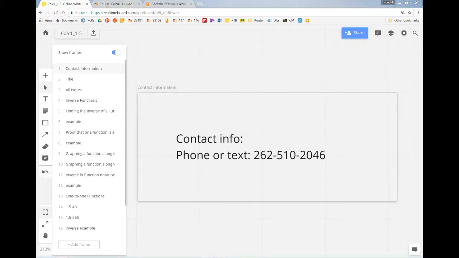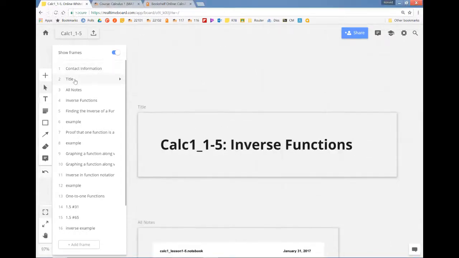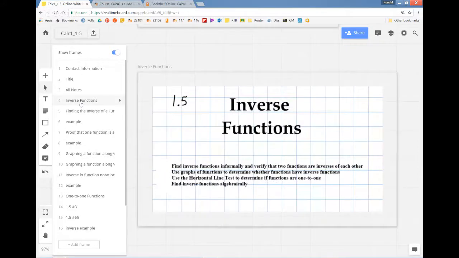Today's lesson is going to be pretty short. We're going to be going through lesson 1.5, which is about inverse functions. The goal today, as you can tell in the objective here: find inverse functions informally, and then verify that two functions are inverses of each other.